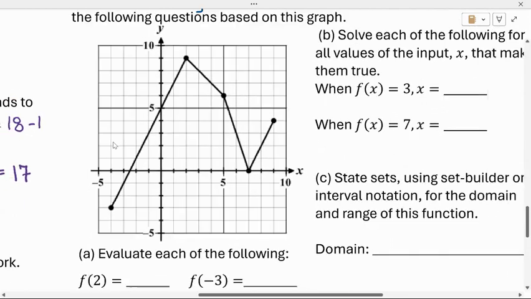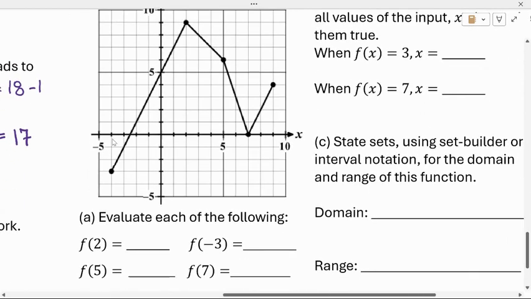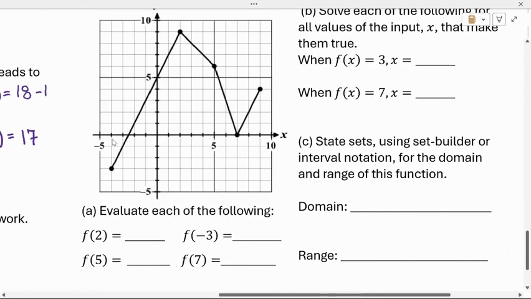So question A says, hey, evaluate each of the following. F of 2. So when my input is 2, let's go to where x is positive 2. What is my output? It's 9. Who said that? Good job, Kylie.